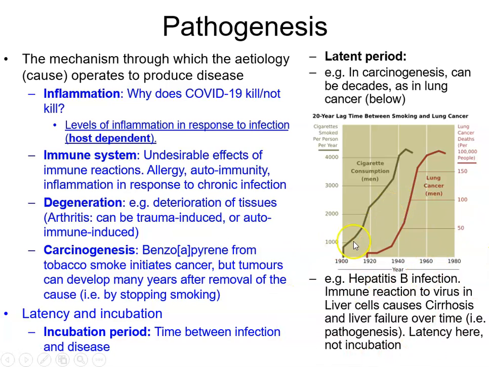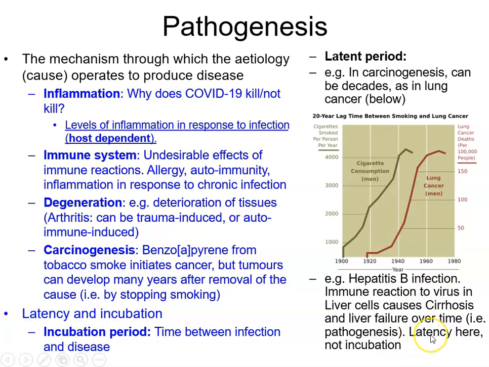And we see this also with hepatitis B infection. Hepatitis B, you catch the virus, you get symptoms within a few weeks. That would be sort of incubation period, whereas there's also a latent period where many, many years after infection and many years after you maybe think that the infection has resolved, you can then develop cirrhosis and liver failure many, many years after that initial infection has occurred.